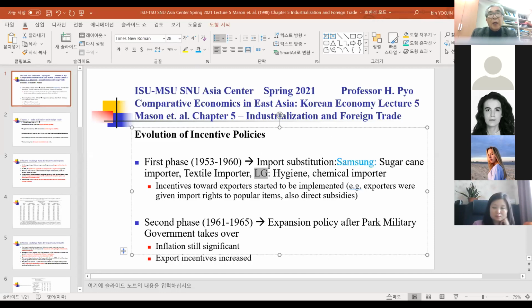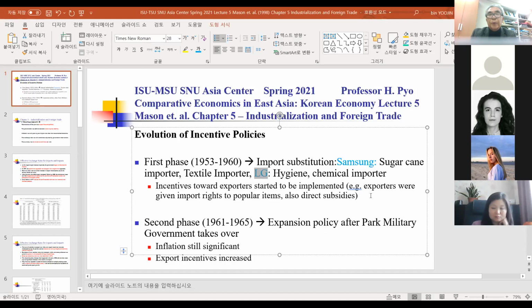Lucky Gold Star, now a home electronics giant, started as an import substitution, import licensing holder. And then incentives toward exporters started to be implemented.